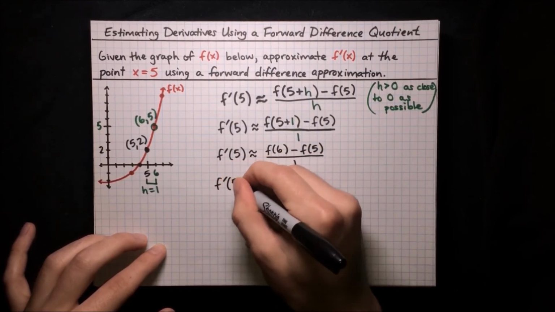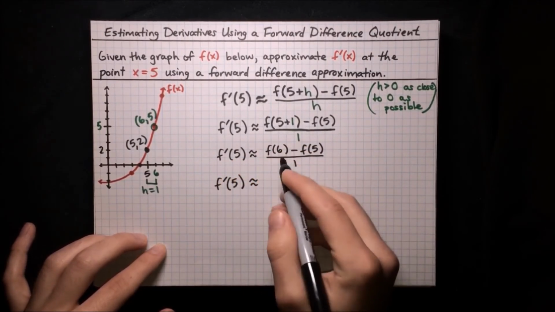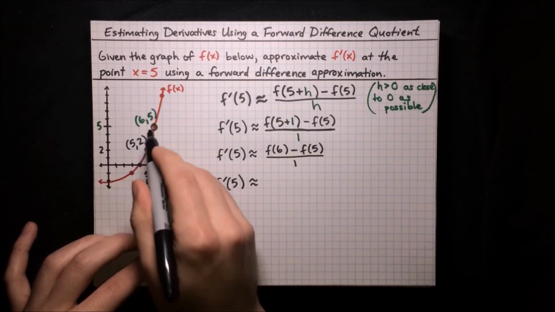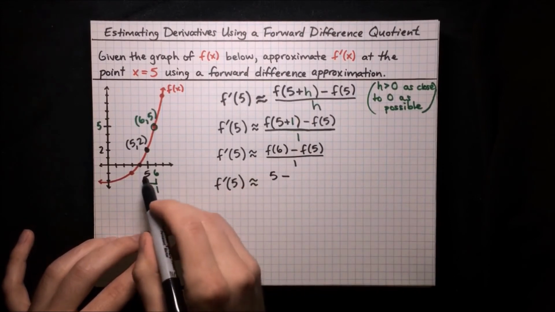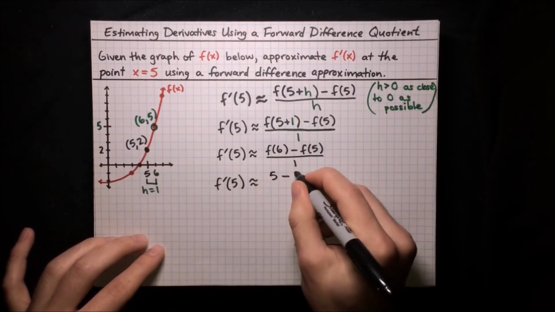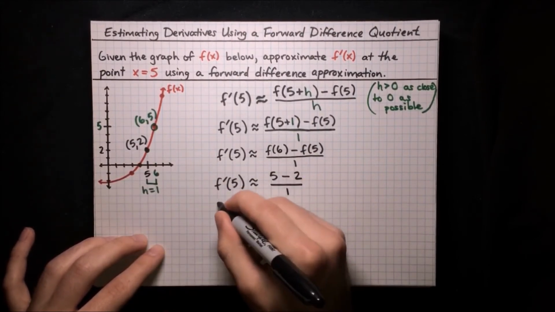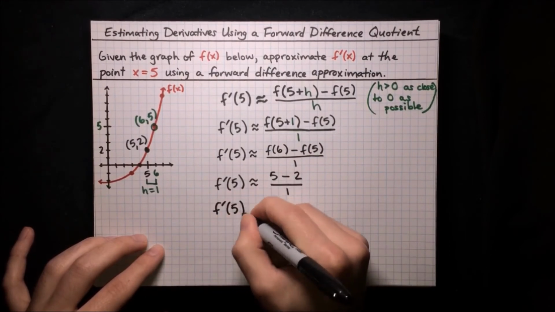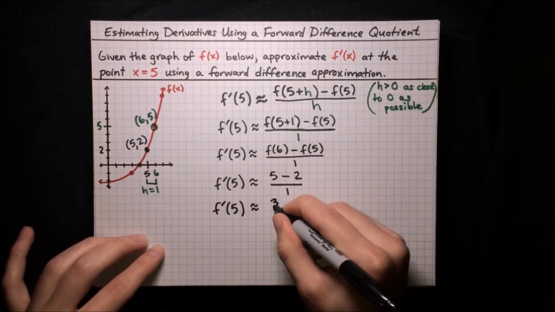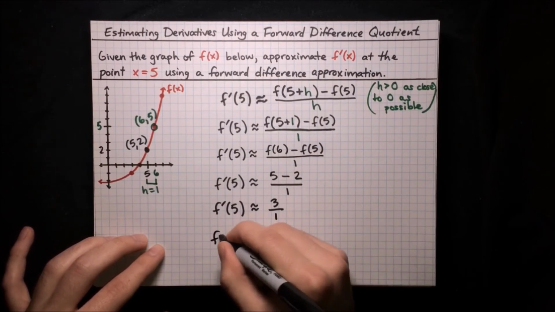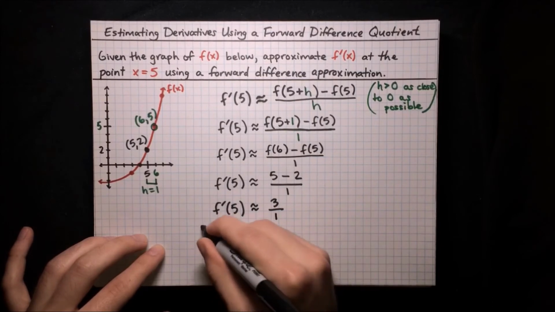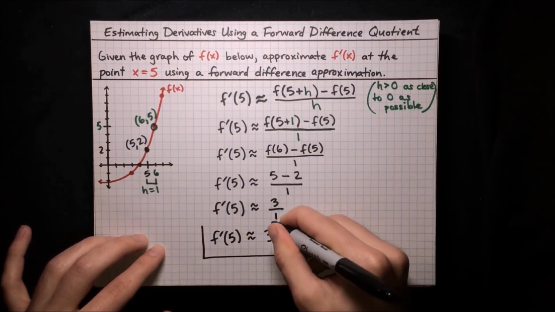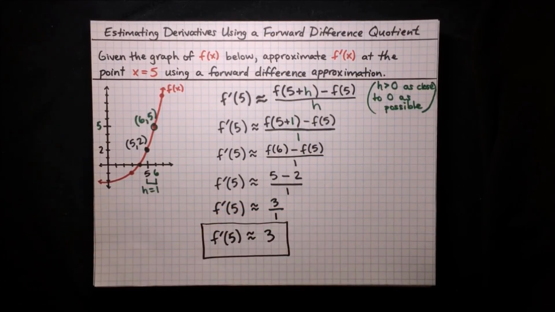So f prime of 5 is approximately equal to f of 6, which is just 5 here, so 5 minus f of 5. What's f of 5? That's just 2. So 5 minus 2 over 1. So f prime of 5 is approximately 3 over 1, which means f prime of 5 is approximately 3. So there we go. There is our estimate for f prime of 5 using a forward difference approximation.